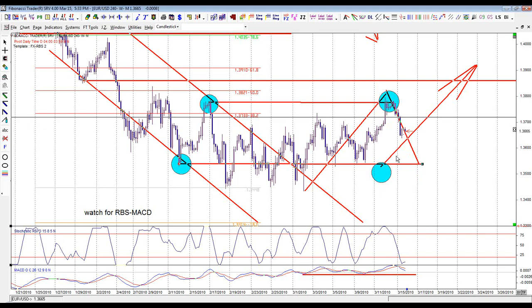Now, anytime the price retests those lows, we can initiate another buy. And most likely we're going to see the price retesting those lows. It's a very strong support area.